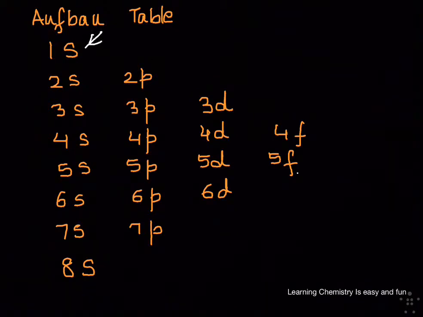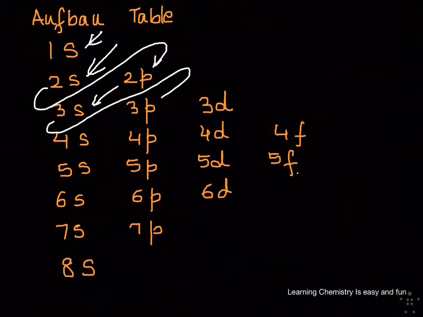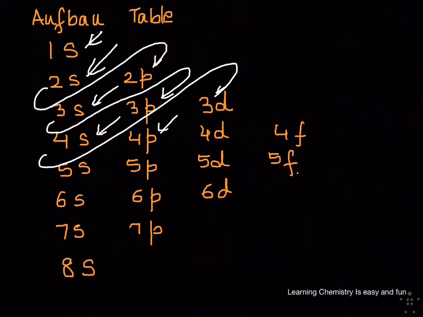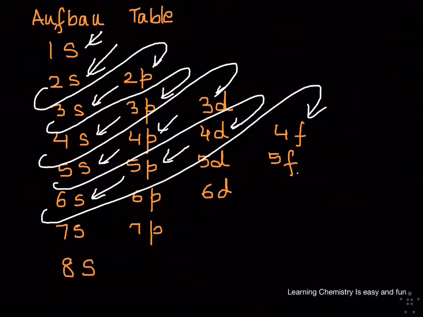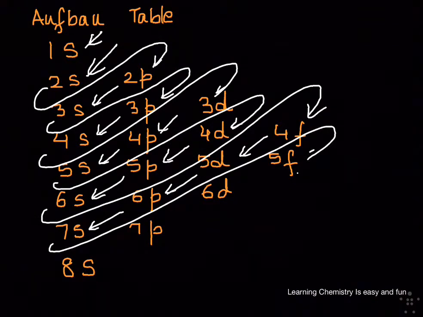Draw the arrows. 1s, 2s, 2p, 3s, 3p, 4s, 3d, 4p, 5s, 4d, 5p, 6s, 4f, 5d, 6p, 7s, 5f, 6d, 7p, 8s, and so on till we find the elements which require higher electronic configuration.